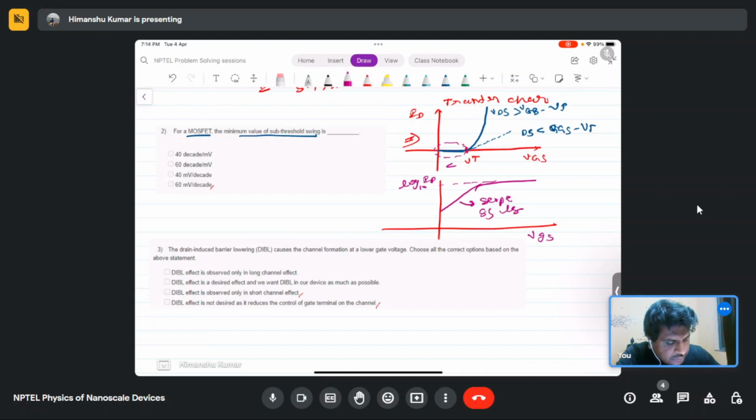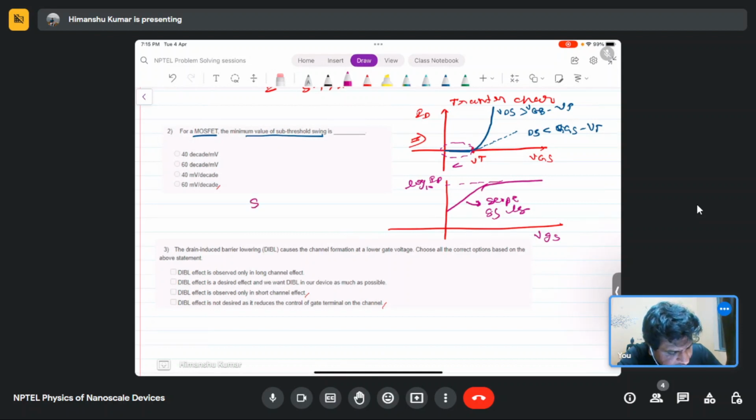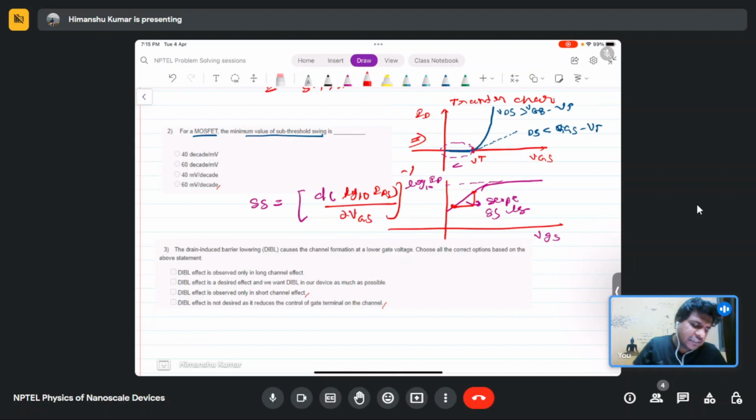So the subthreshold swing SS is basically equal to the change in gate to source voltage corresponding to the change in the current, d VGS by d log10 IDS. This is the subthreshold swing, and the inverse of this is the subthreshold slope.